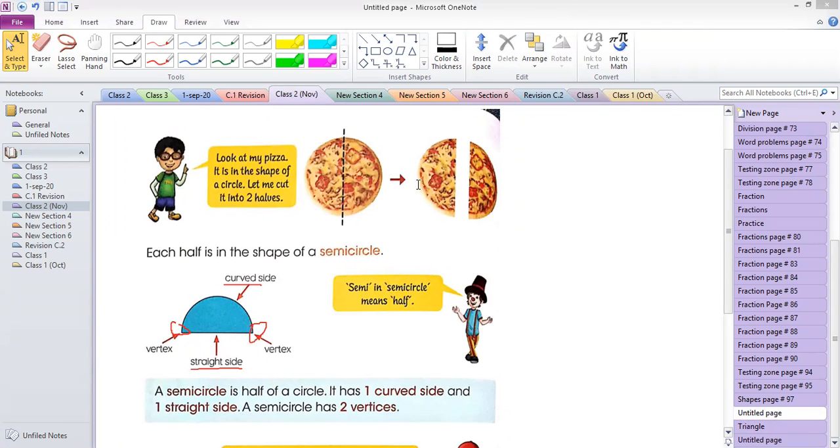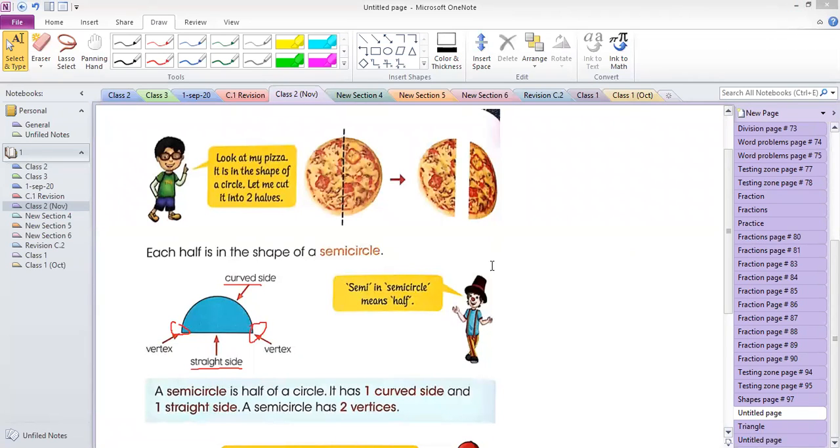We are not talking about circle. We are talking about semicircle. You're right. Okay. Do you understand what is semicircle? Yeah. That's enough.